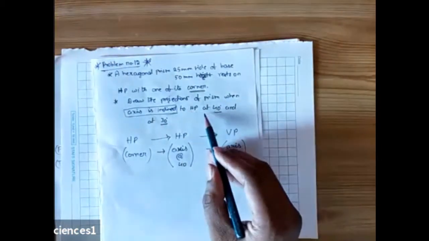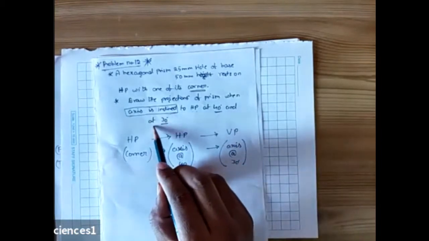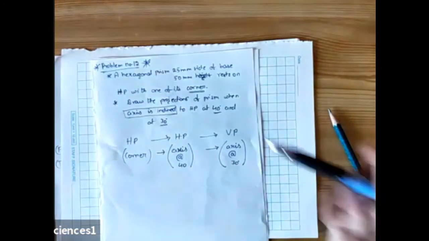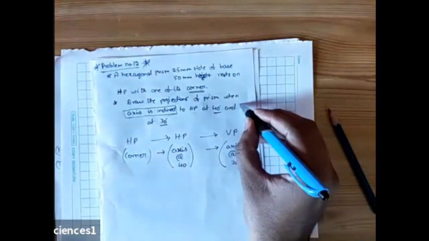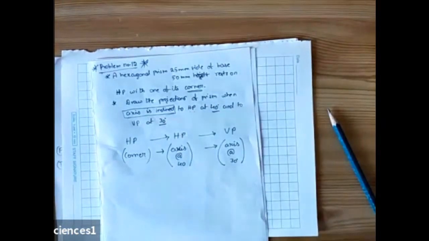Axis is inclined to HP at an angle of 40. Again, the same axis is inclined to, sorry, VP. I missed this one. And to VP at an angle of 30 degrees.